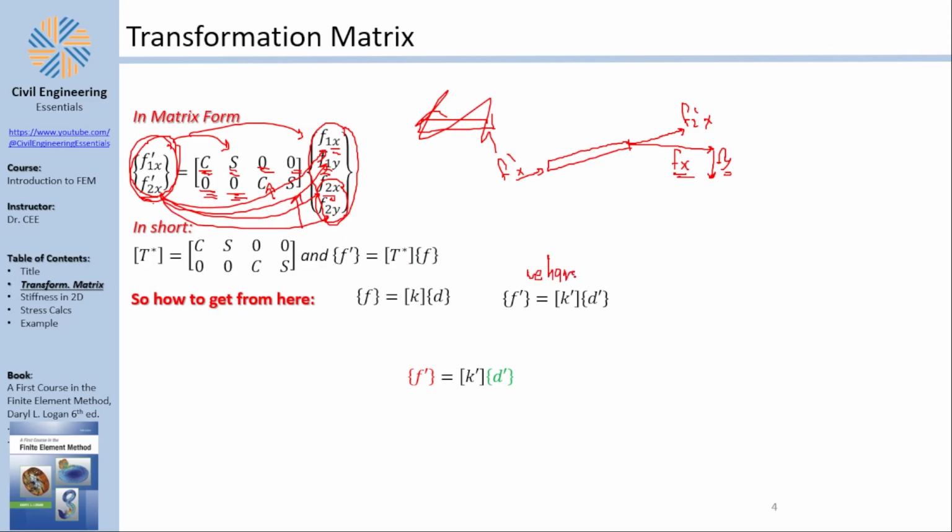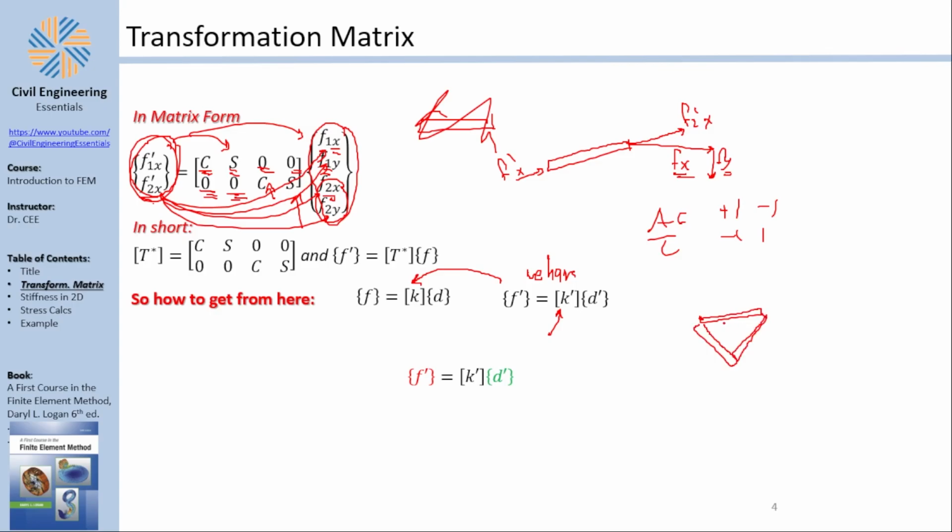But now the idea remains here. Our local stiffness matrix is something we have, and we know immediately it's AE over L, 1 minus 1 minus 1, 1 from the last video lecture. However, I don't know what the stiffness matrix is in the global sense. This is one element, this is another element, let's say, and this is a third element.